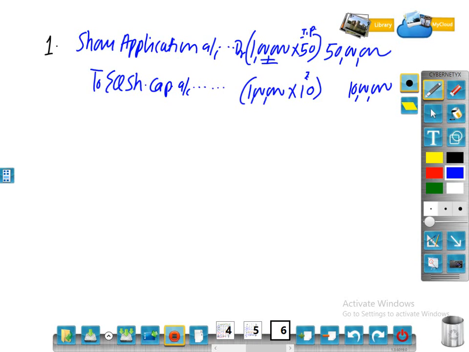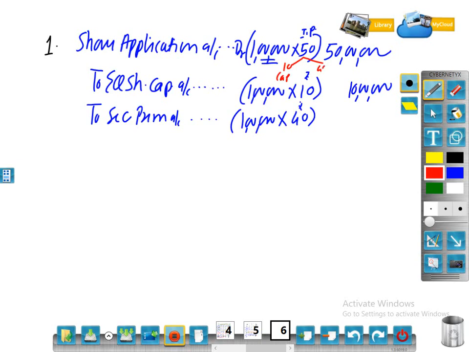To security premium, 1 lakh multiplied by 40. In this, 50 rupees is divided into two parts: 10 is capital and 40 rupees is security premium. Remember.